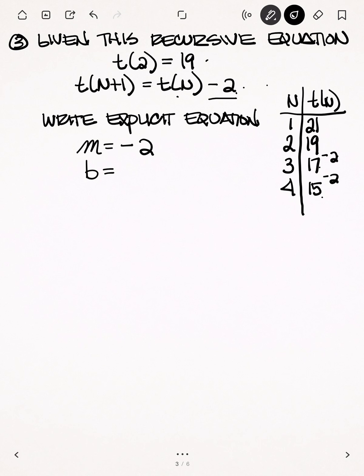So I'm going to go back one more, up here to 0. And if I'm subtracting 2 going this way, I'm going to add 2 going this way, I get 23 as my b. So what is my explicit equation? I'm going to say it's T of n equals the slope, which is -2, times n plus 23.